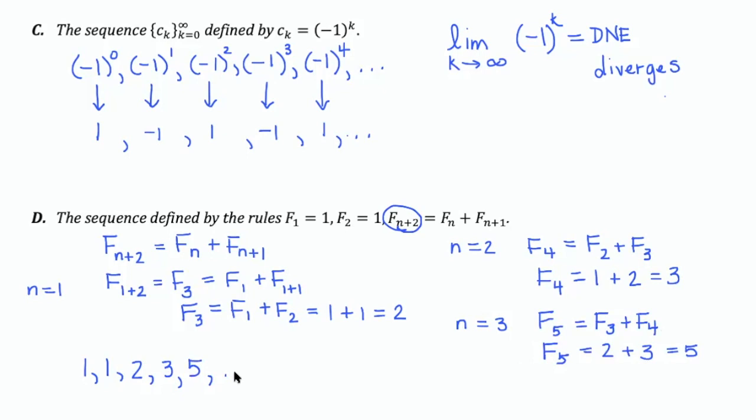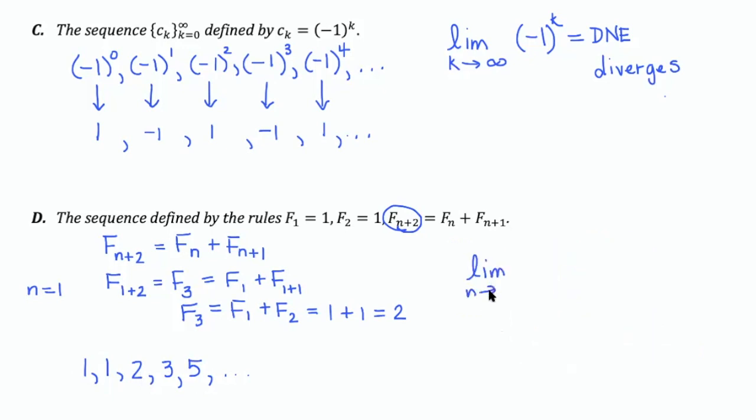And again, the rule for generating the sequence is to take the previous two values and add them together to get the next value. So the question is, is this one heading to a specific limit? As we let n go to infinity, is there a limit value that these outputs are tending towards? Now, if you notice, we have 1, 1, 2, 3, 5.